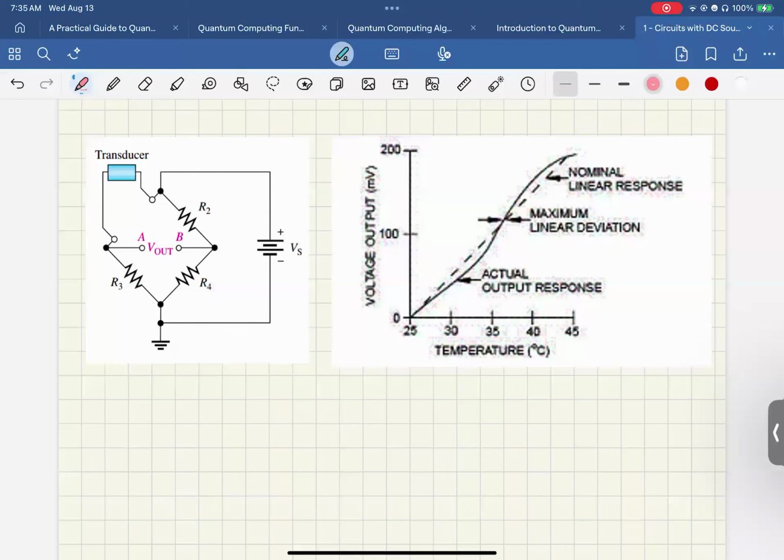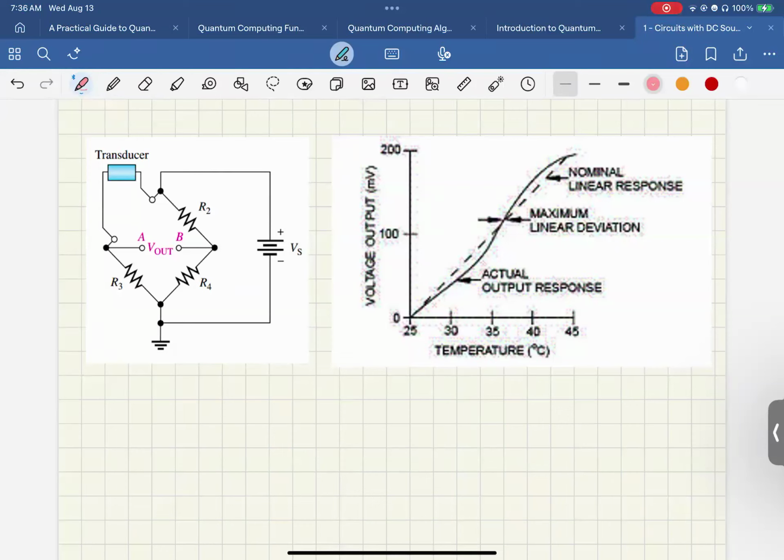Tawag dito, yung isang application nito ay when you use the Wheatstone bridge with what's called a transducer. So ano ba ang transducer? So ang transducer is any electronic device that converts an analog signal to an electrical signal.